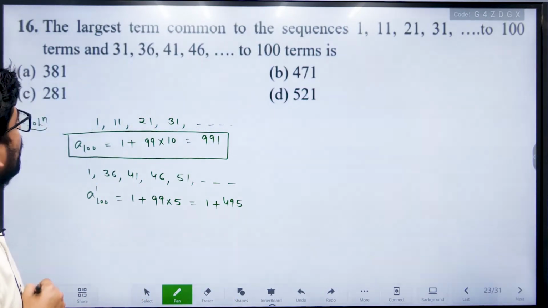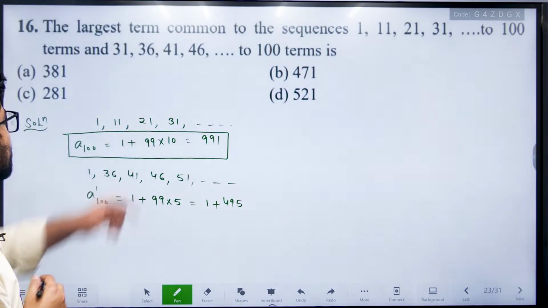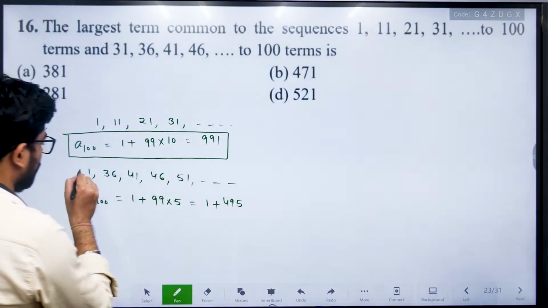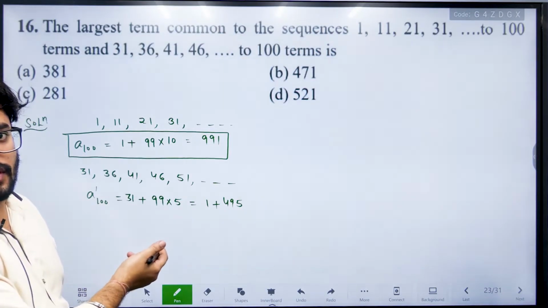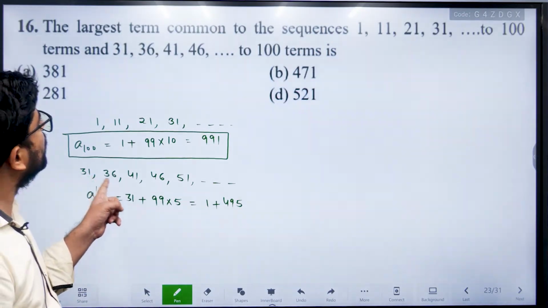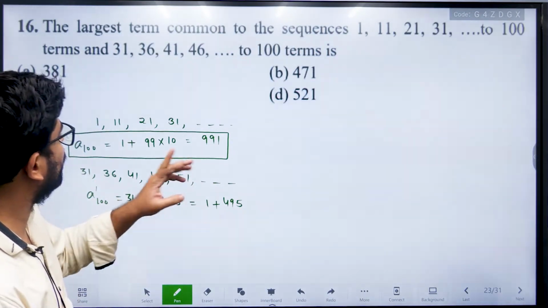Sorry, this is 31. Otherwise, that's not an AP. Yes, 31, 36, 41, 46, 51 and so on.